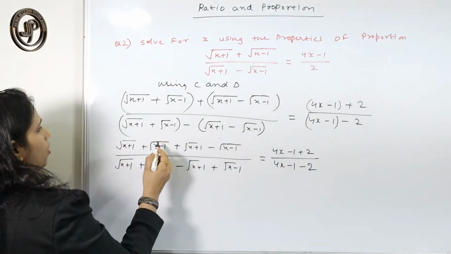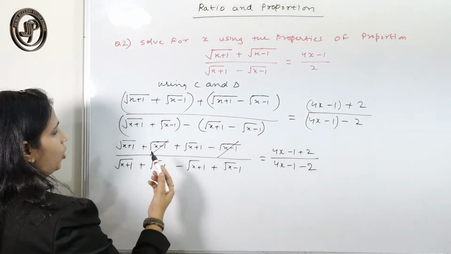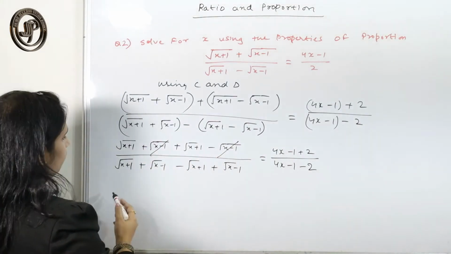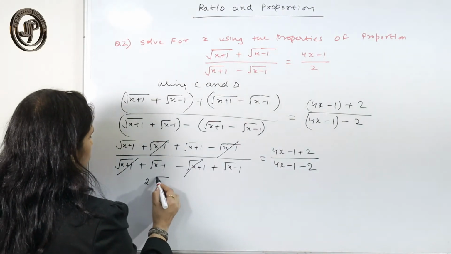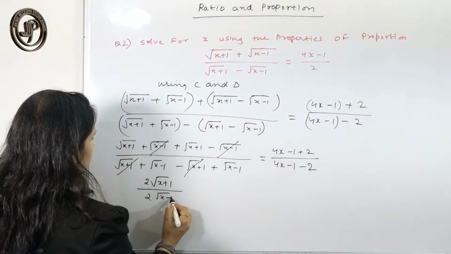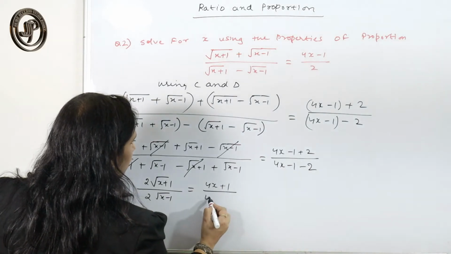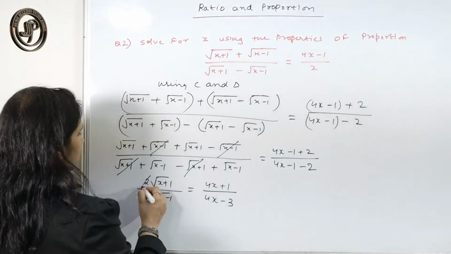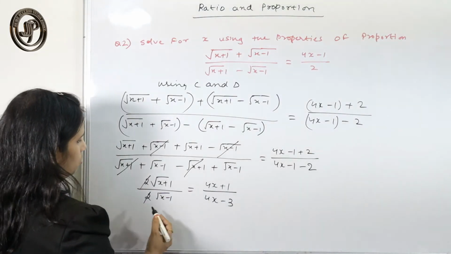Right? Now here this and this will cancel out because one is positive and the other is negative. So you get 2 and 2 root of x minus 1 is equal to 4x plus 1 and 4x minus 3. This 2 and 2 will cancel out.